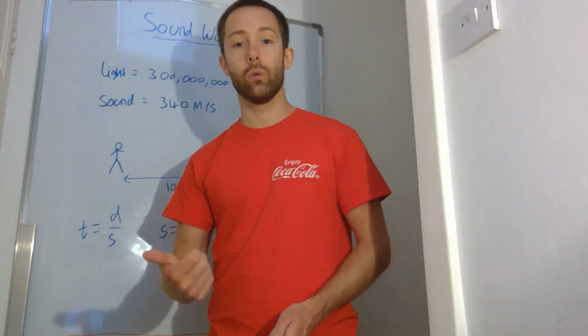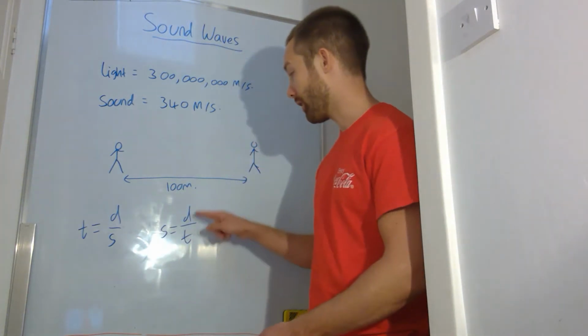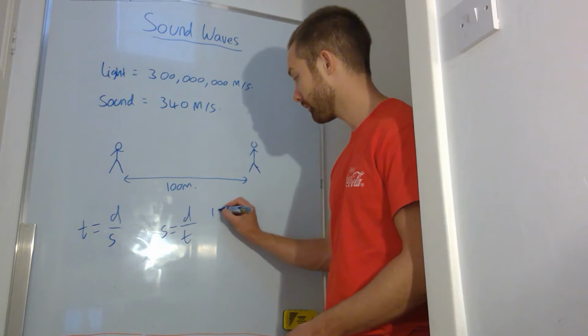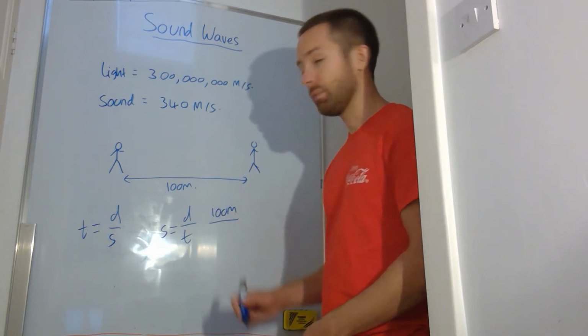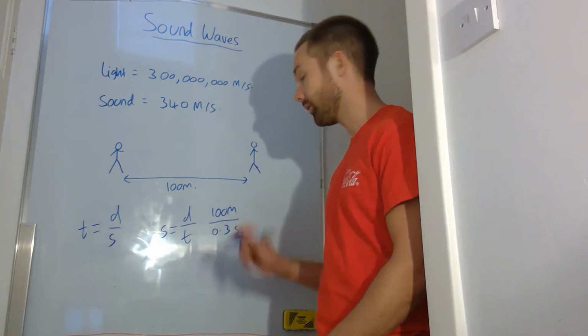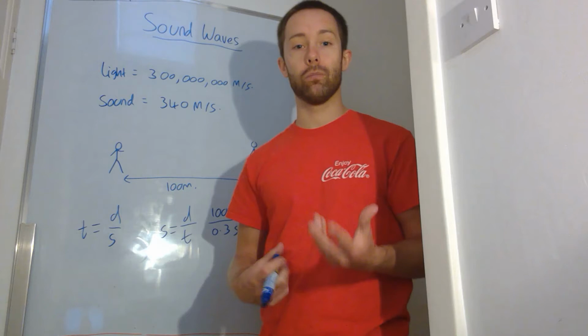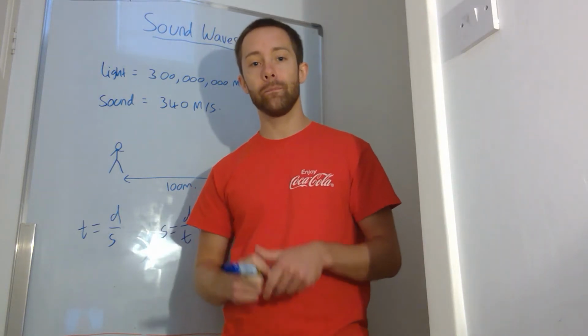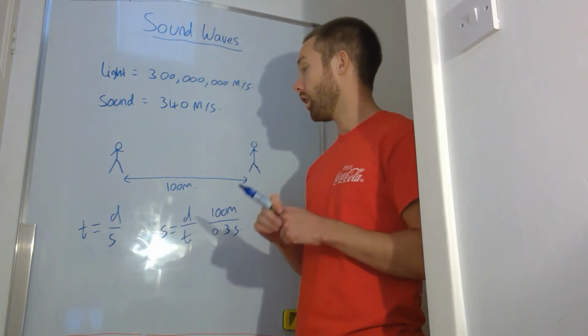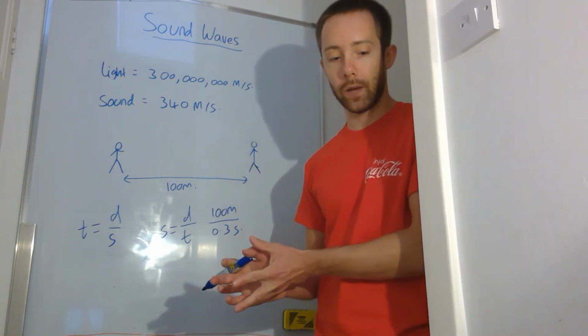So if that time was about 1/3 of a second, you would have 100 meters divided by, say, about 0.3 seconds, and that's going to give you in the region of 300 or so meters per second. So you can actually calculate the speed of sound quite simply using a nice simple experiment like this.